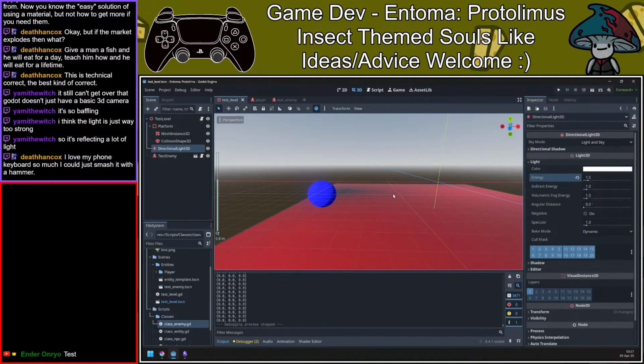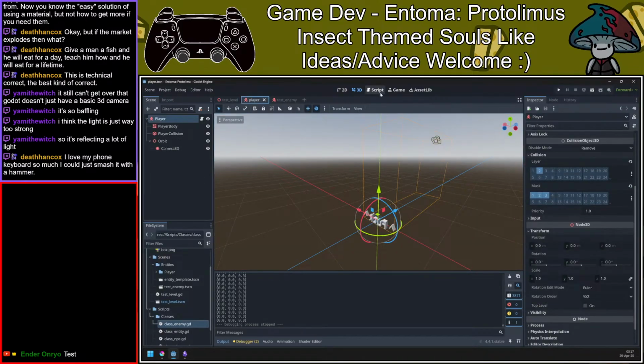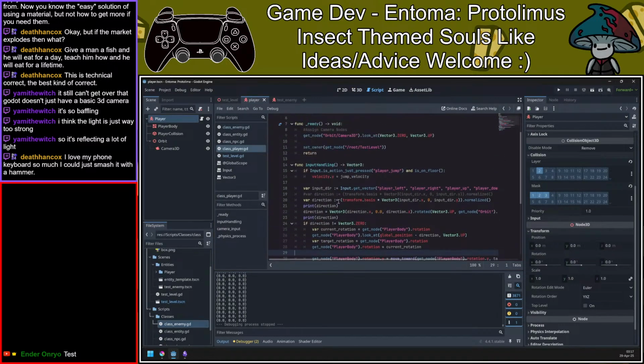Okay. So we have enemy. Now we need to give the player a way to make the enemy stop existing. So I'm guessing on a specific input, spawn a trigger area in front of the player for a certain amount of time.